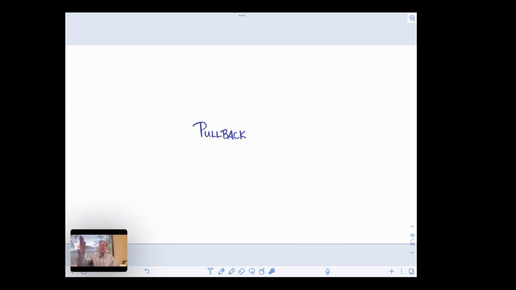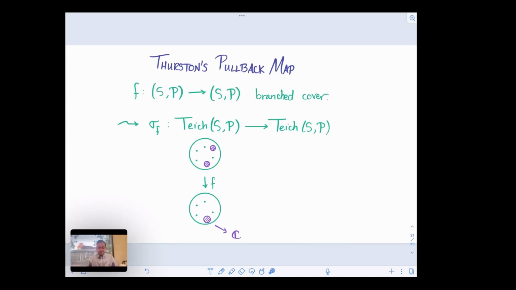And this is why I wanted to think about charts, Mario: I want to talk about the pullback map. When we have a branched cover of a surface over itself, this is Thurston's idea, and Douady and Hubbard use this also. You get a pullback map, a map from Teichmüller space to itself. If I have a complex structure on, let's say, the sphere, that's a bunch of charts from the surface to the complex plane.